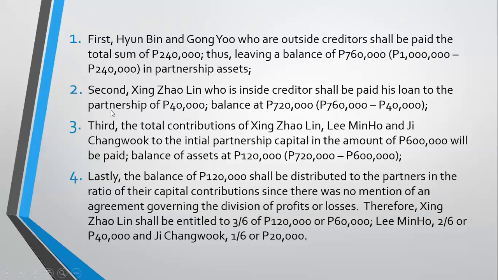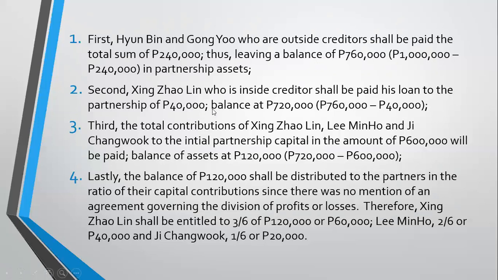Second, dahil meron tayong inside creditor na si Shaolin. One of the partners in the partnership business, since he is an inside creditor, it shall be paid his loan sa partnership. Mauna siya. So, mayroon tayong 40,000.